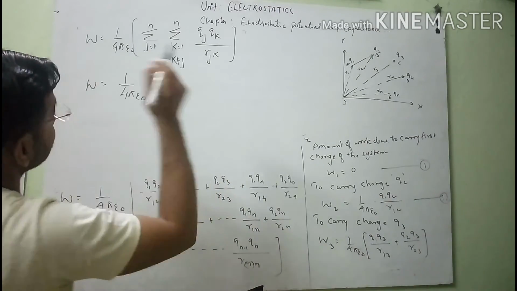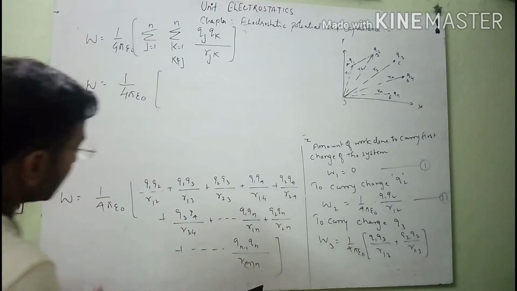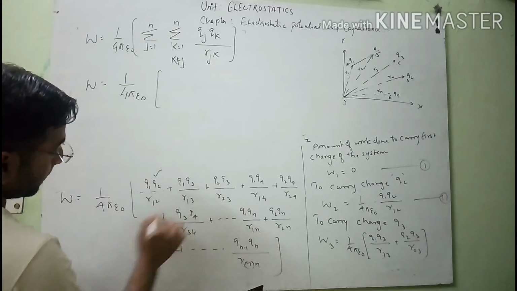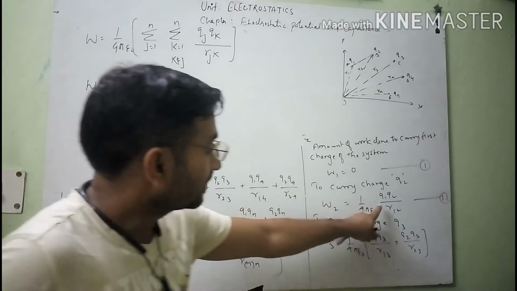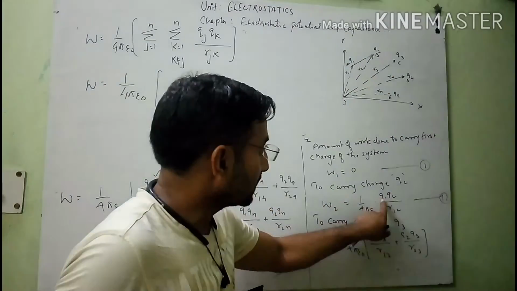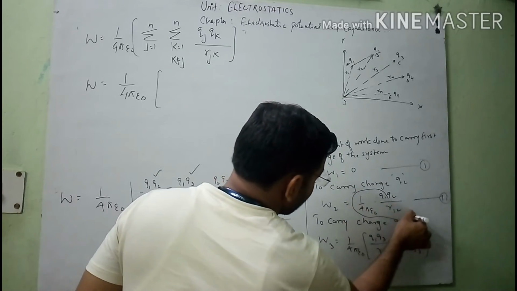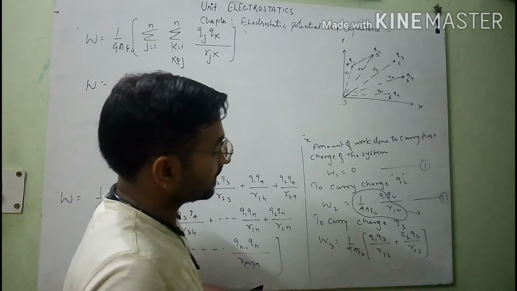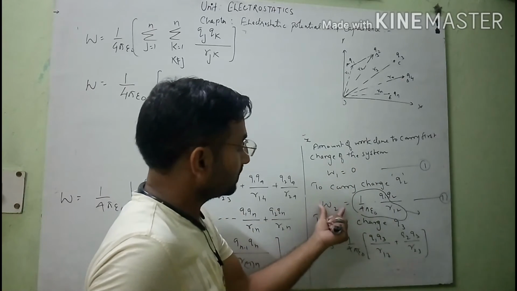So see students, as you know, when we carry the charge q2, then this force will come. When you carry the charge q3, and you have carried the charge q2, then you have written the formula like that. In this manner you can say that this is the value of potential by charge q1.